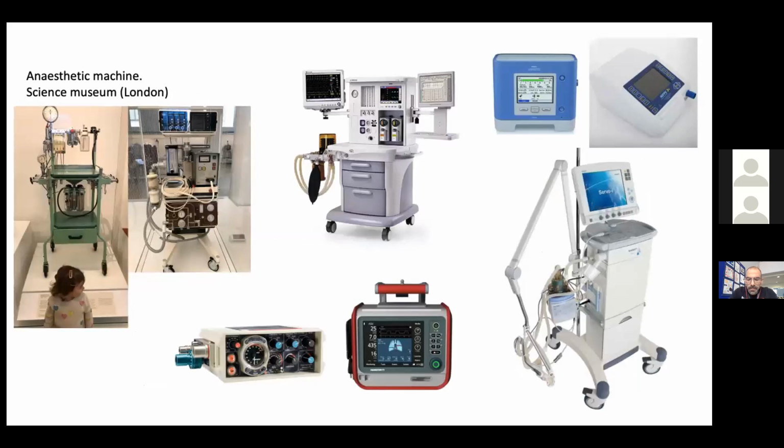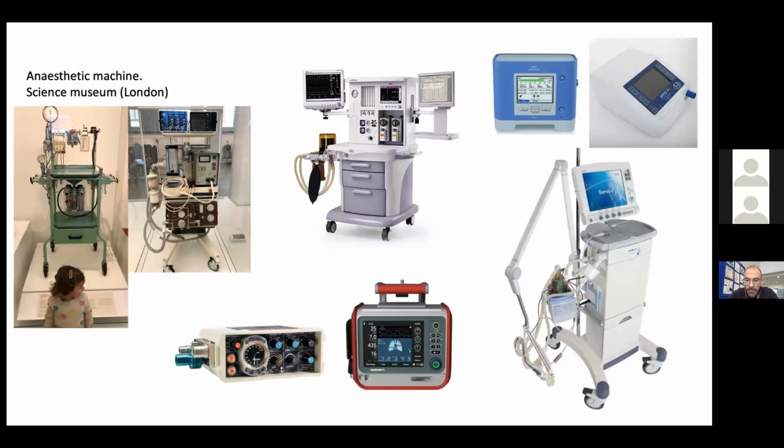Just a quick overlook of which machines you might be familiar with. Probably you are not familiar with the ones on the left-hand side. They're very old anesthetic machines that you can see in the Science Museum in London. At the moment, we use the more modern anesthetic machines.